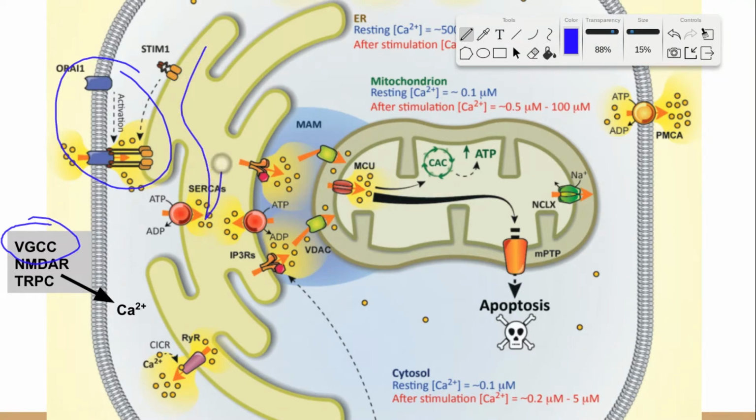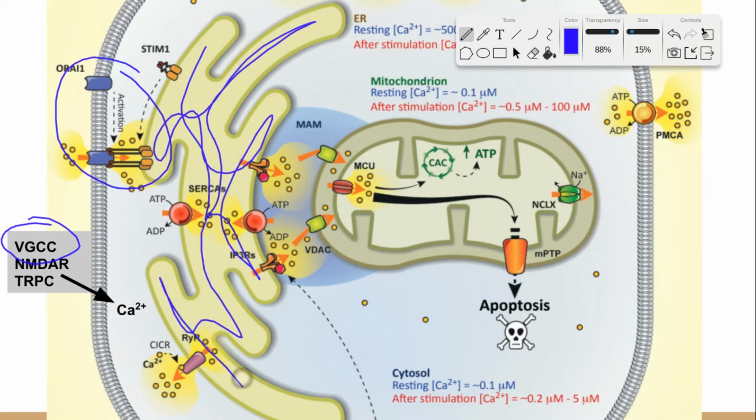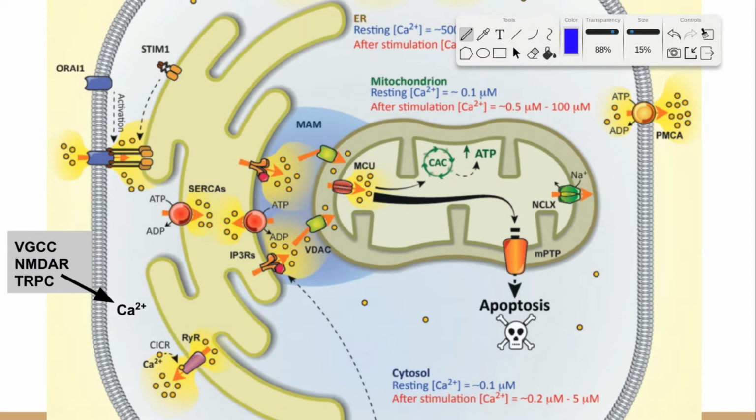Remember, I said calcium is very high inside the ER, and that's mainly because of these store-operated calcium channels. We'll see in a bit that the ER actually needs calcium to function properly in order for proteins to fold correctly. A lot of the folding chaperones are calcium dependent, so calcium needs to be high in the ER.